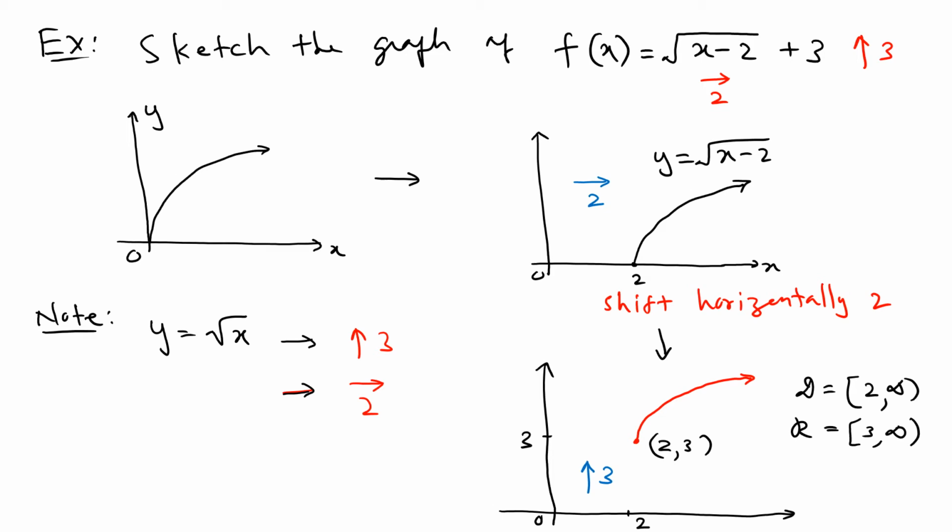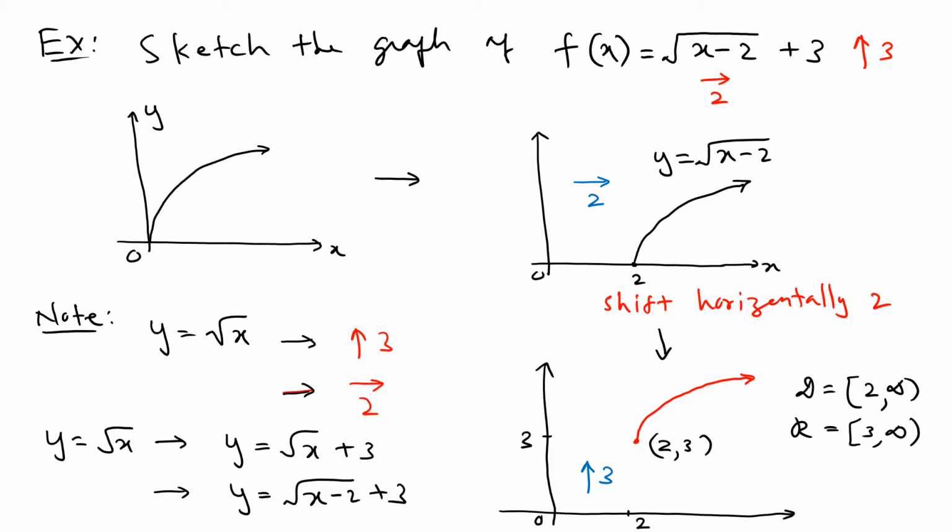The equation we get: start with square root x, then do the plus 3, so it is y equals square root x plus 3. Now we do the shifting, so it becomes y equals square root of x minus 2, plus 3. So you can get the graph following that order also, but we normally do the vertical shift at the end.